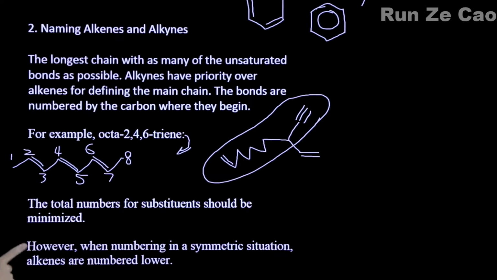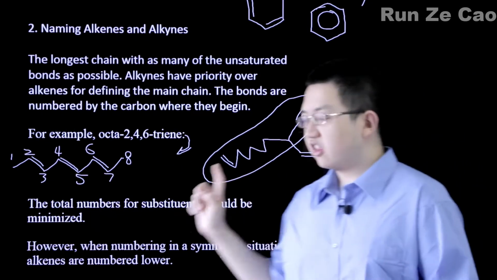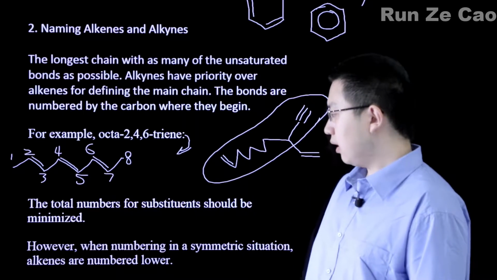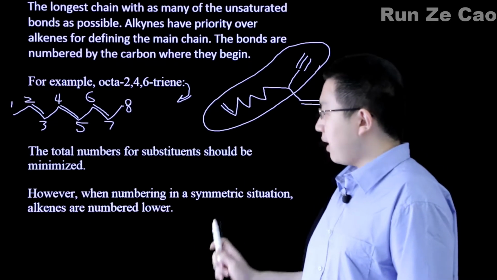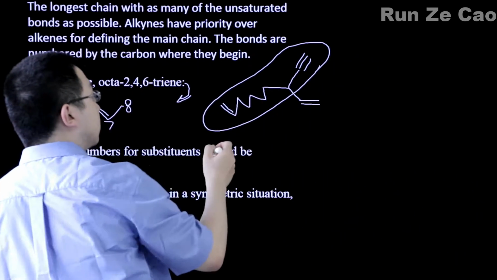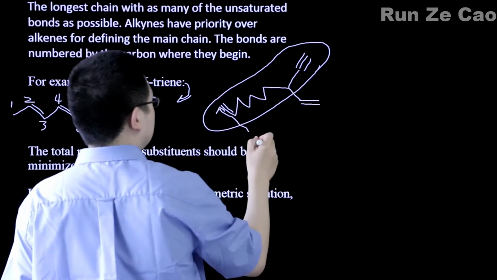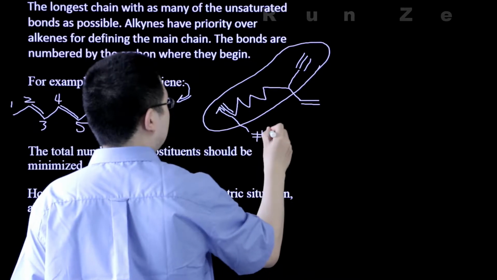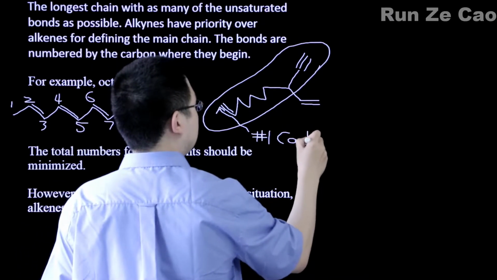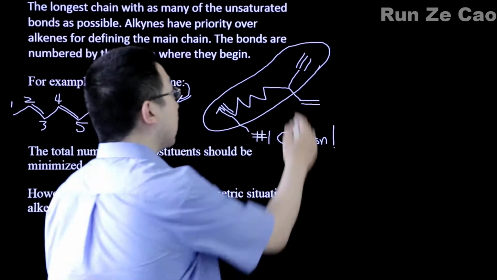When we number carbons, well, the total numbers for all the substituents should be as small as possible. But when we're numbering in a symmetric situation, alkenes are numbered lower, which means that in this example here, this end would be number 1 carbon, not that end.